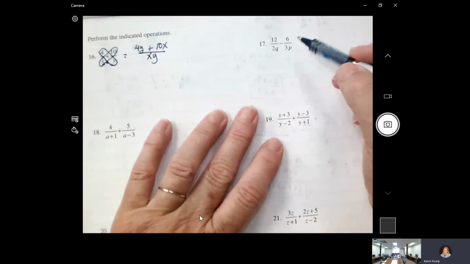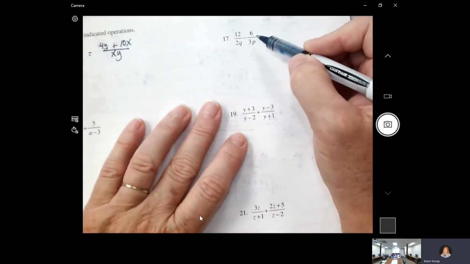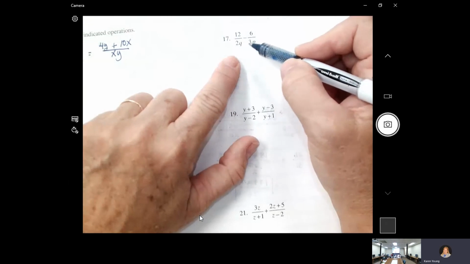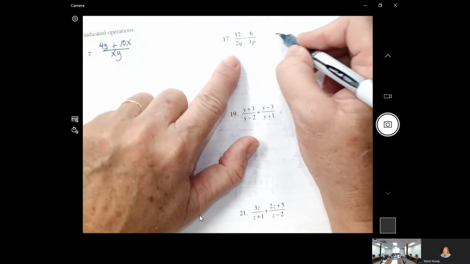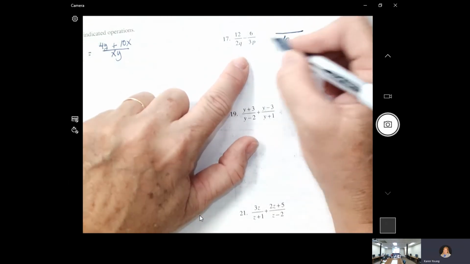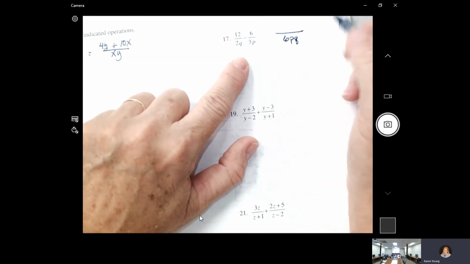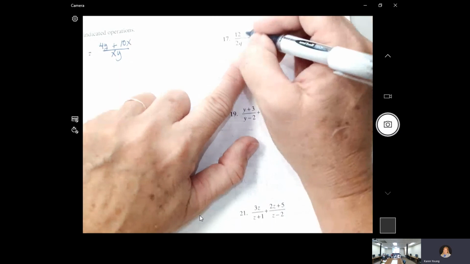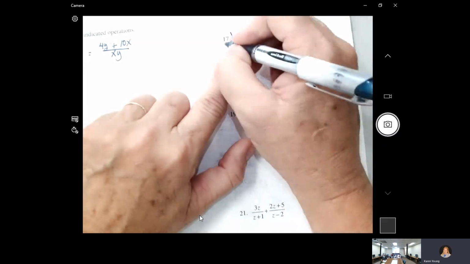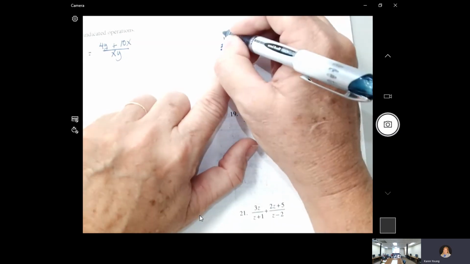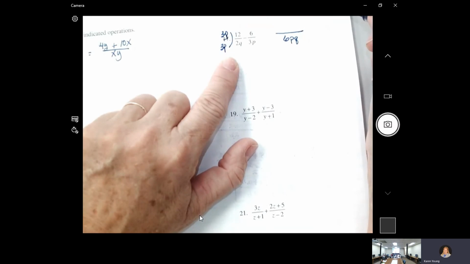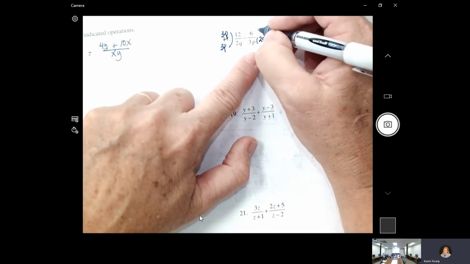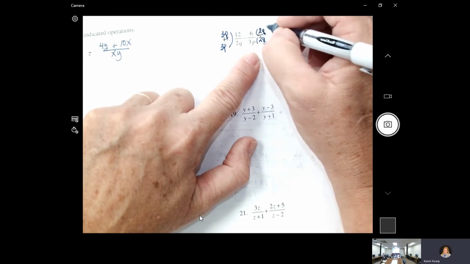Now in 17, we're still doing the same thing. We're subtracting, and I'm going to do it kind of the old-fashioned way. I'm still going to multiply 2q times 3p. 2 times 3 gives me 6, and I'm going to have pq. I always write them in alphabetical order. Then, instead of doing the butterfly, I multiply the 3p times the 12, and I multiply the 3p times 2q, I multiply the 6 times the 2q.